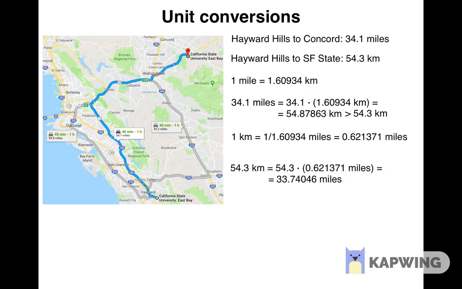Therefore, 54.3 kilometers is 54.3 times the length of a kilometer in miles, times 0.621371 miles, and that is 33.74046 miles. When converting between different units for a physical quantity, all you need to know is the conversion factor.